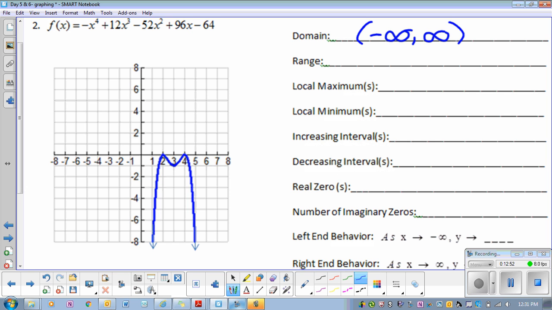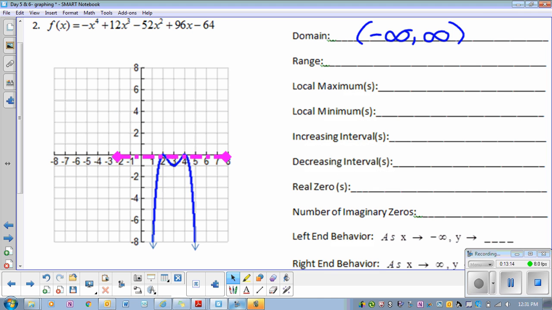Now, let's talk about the range. From the bottom to the top. Well, the bottom, where are those two arrows going? Negative infinity. So you're coming up from negative infinity, and the graph stops where? At 0. 2 is here, 4 is here. This is 0.